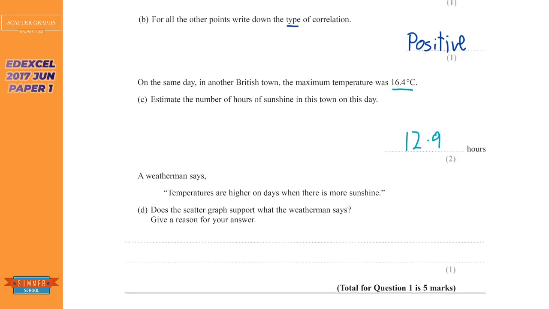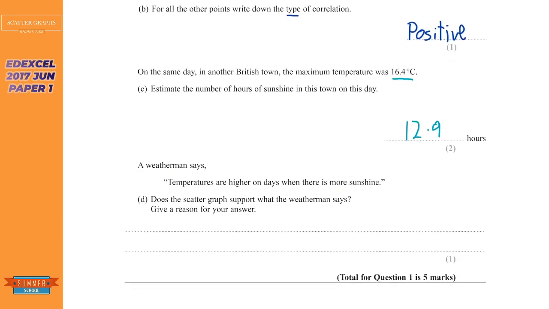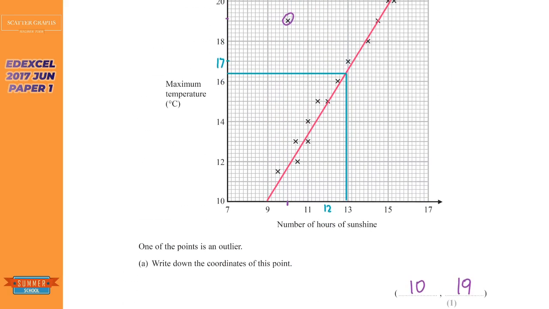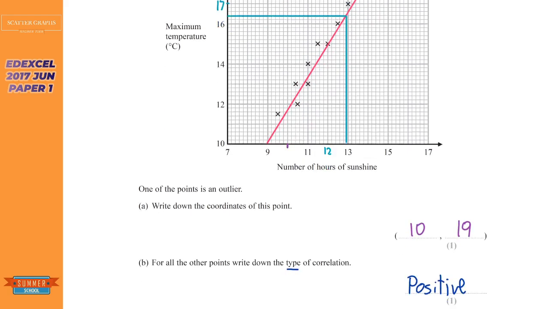Now the last question asks us to interpret the scatter graph, and it's saying the temperatures are higher on days when there is more sunshine. So days where there's more sunshine, which is on the right hand side of the scatter graph, it does show that the maximum temperature is higher.